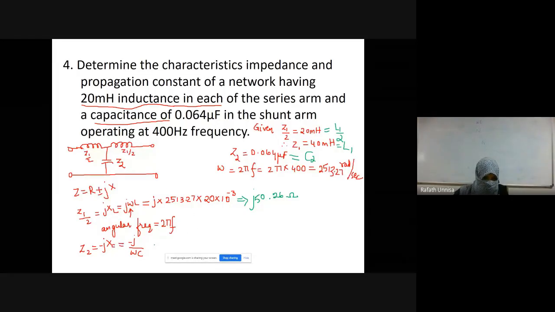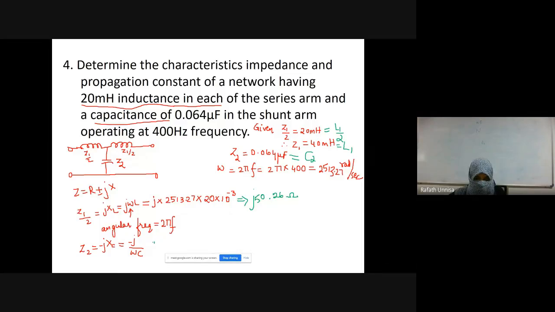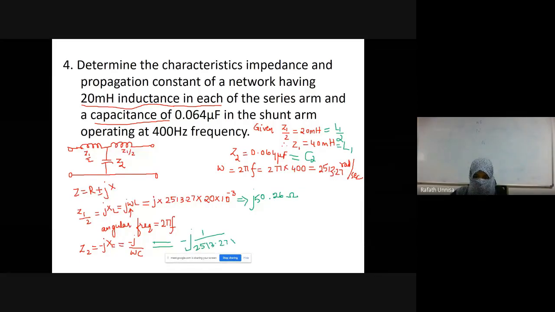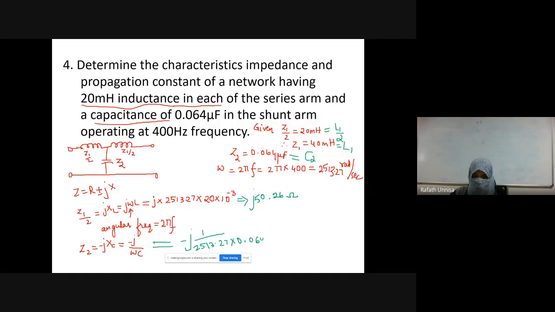Similarly, now I'm supposed to find the Z2 also. So Z2 value, how much are you getting? Z2 equals minus J times 1 by 2513.27 into 0.064 into micro.